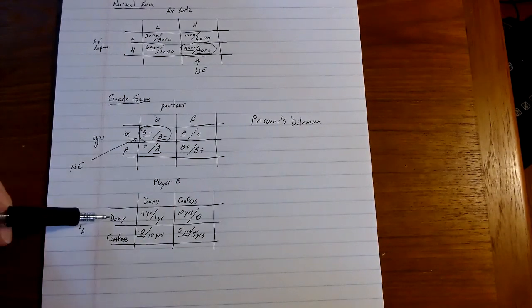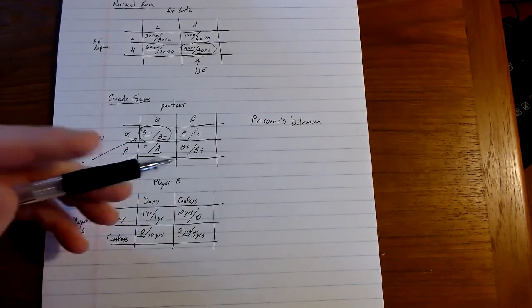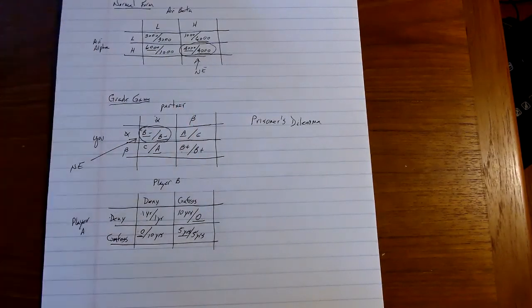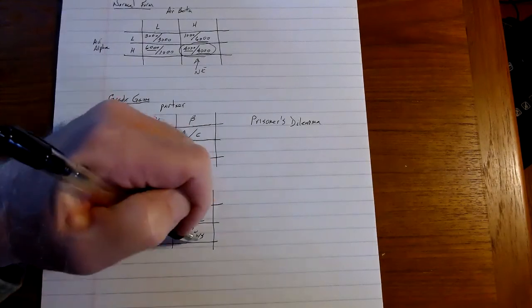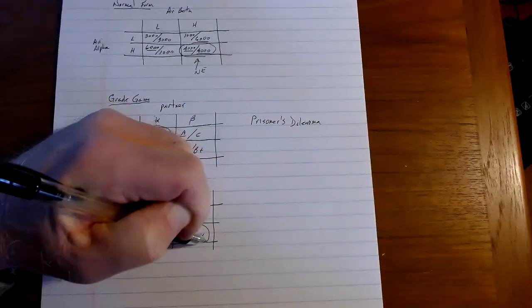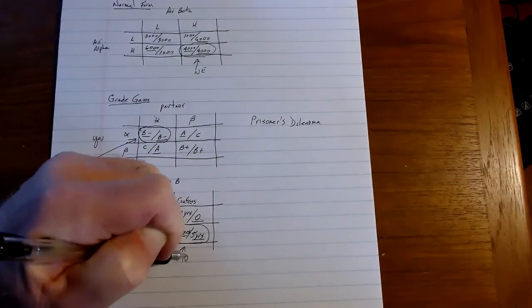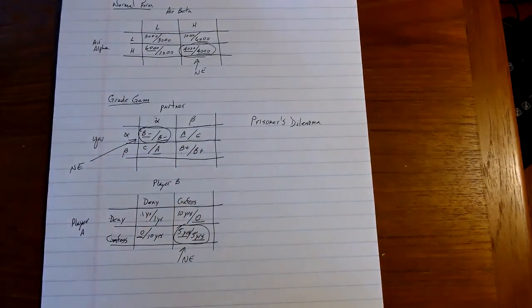What about player B? If A denies any involvement, then B will either get a year or be set free. They prefer to be set free. And if A confesses, then B will either get 10 years or 5 years. He'd prefer 5 years. This turns out then to be the Nash equilibrium for the game.